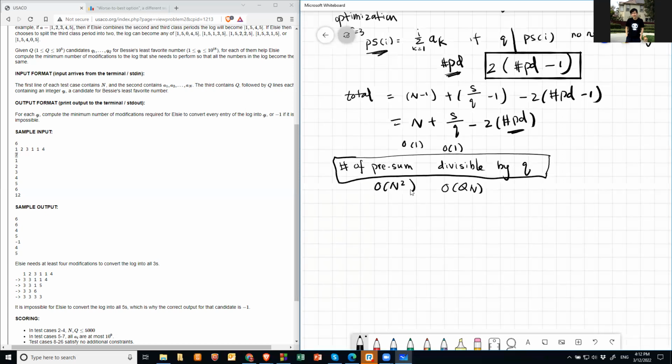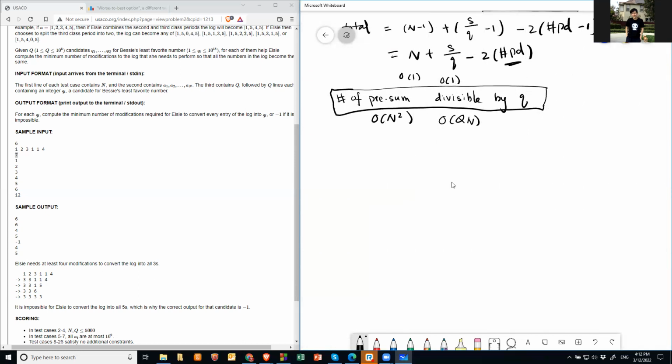Okay. Then when we're doing things like this, we can always break this into its prime factors, right? So let's first do this. Okay, I have a pre-sum, right? Let's call this new. If I define a new pre-sum, which is the GCD of the pre-sum of i and the total S, right?